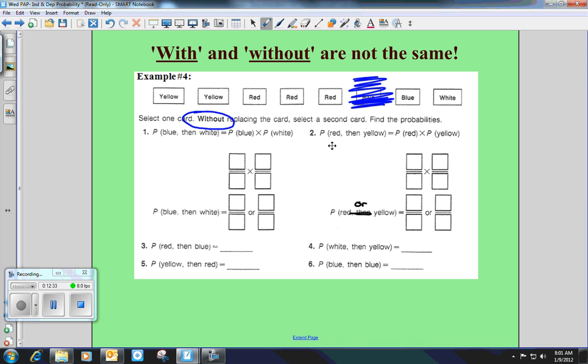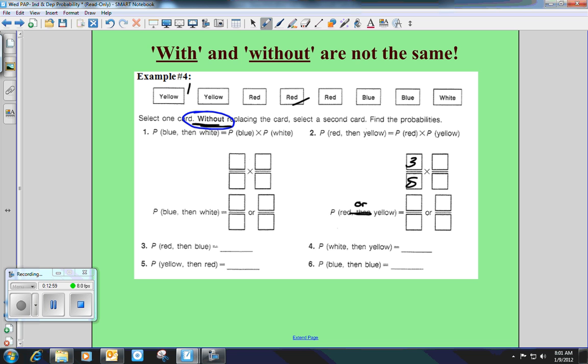Okay, so on number 2, choosing a red and then a yellow without putting that card back. So on the first draw, it's the same simple independent event. And let me go back to starting a new deck. On all these problems, you're going to start with a new deck on every problem for your dependent probability. Choosing a red and then a yellow. So 1, 2, 3 reds out of 8.